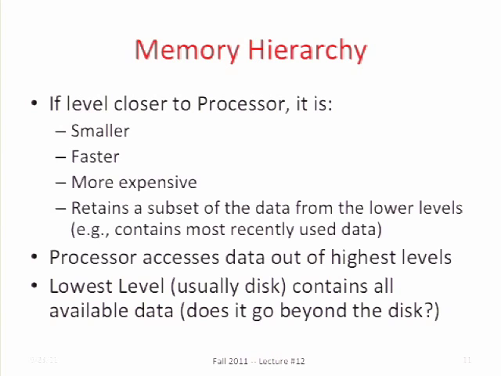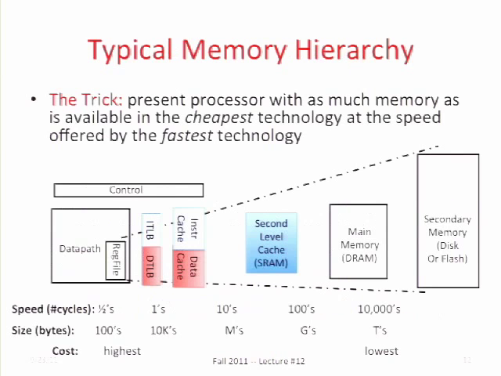All right, so here's that picture. This is turned on its side, but the processor's over here. We've got our registers, and then we go through the memory hierarchy. We have an instruction cache and a data cache, the first level. These TLBs we'll talk about later. Those are translation buffers.